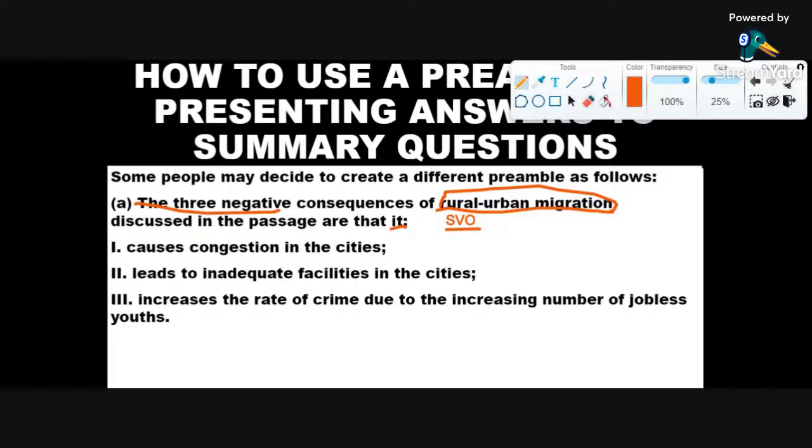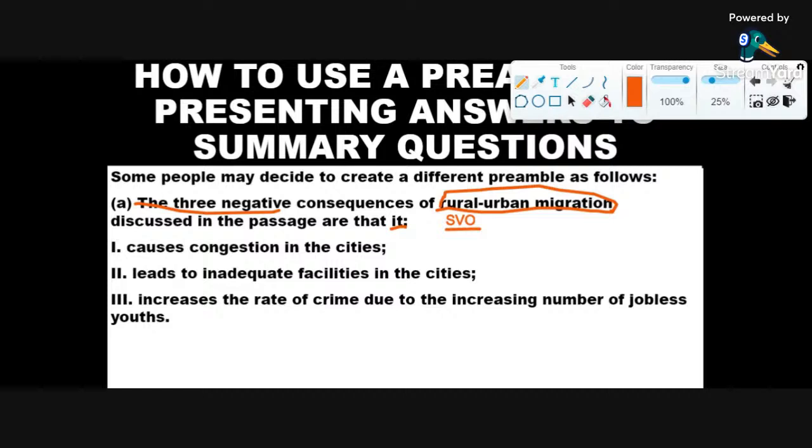What you have done instead is that in using a preamble to present your answers, which should be in sentences in the first place, you have cut the beginning of each of your answers and included it in the preamble. So when you create a preamble of this nature, you must ensure that the rest of each answer, when taken with the preamble, should make a sentence.